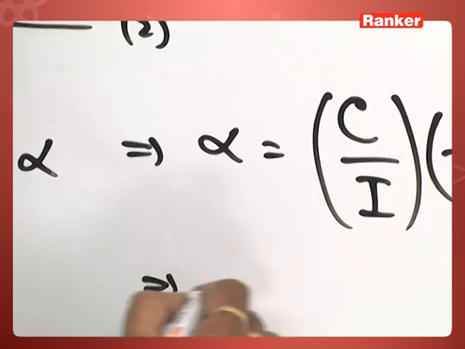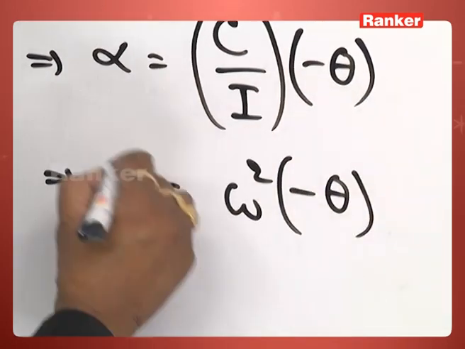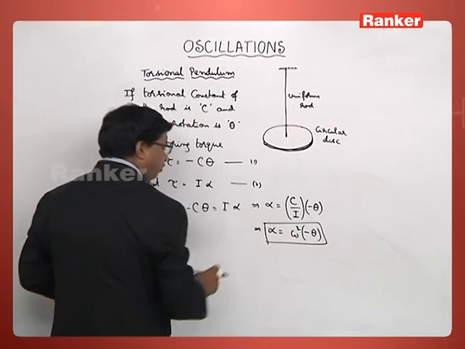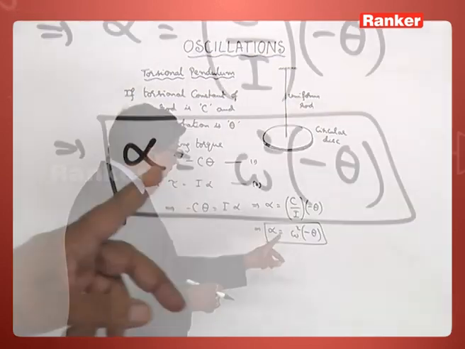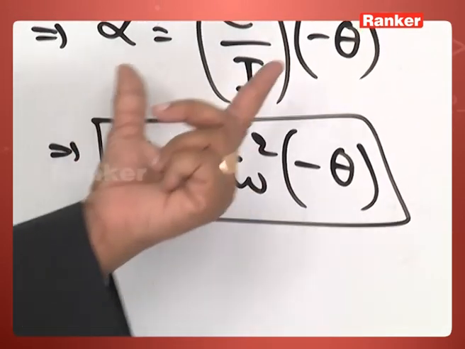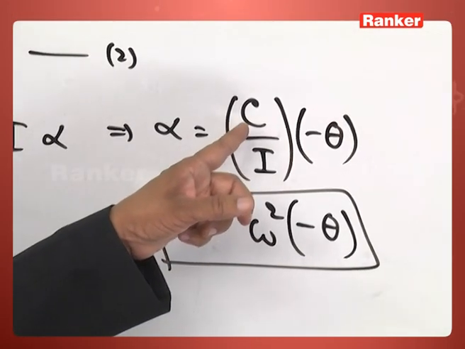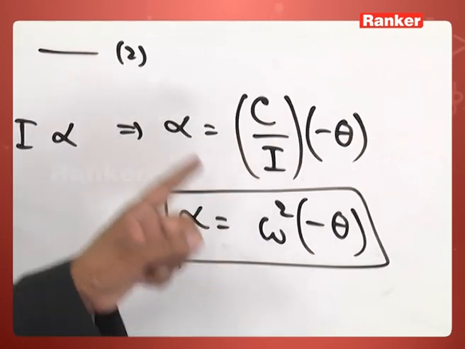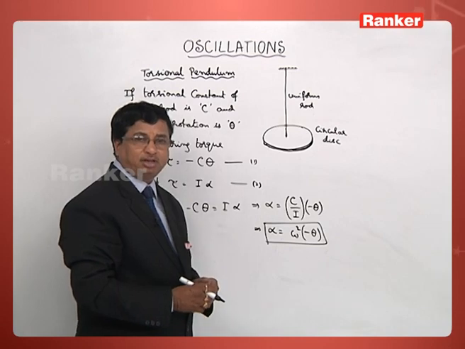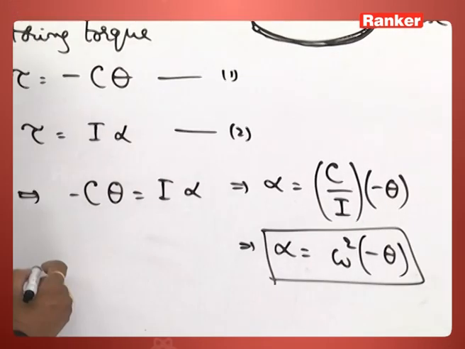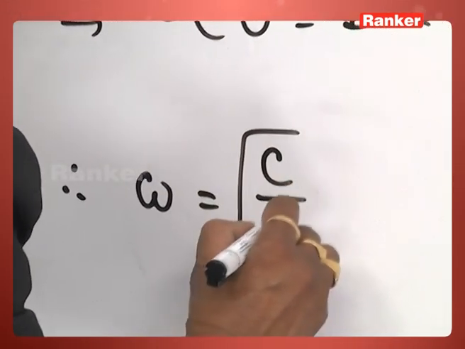This is exactly similar to alpha is equal to omega square into minus theta, the condition for simple harmonic motion of a body. So, in place of omega square, what do you have here? It is C by I. C is torsional constant and I is moment of inertia of the disc. Therefore, omega becomes under root C by I.